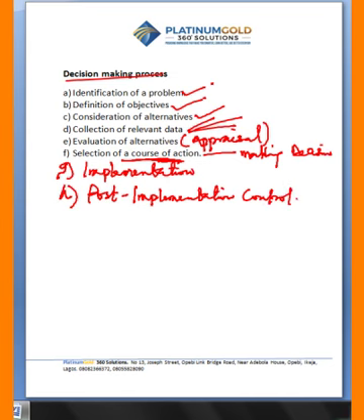So it is simple. By the time you carry out your implementation control, then you can be rest assured that things will fall in place, or things are actually based on what you have set up.